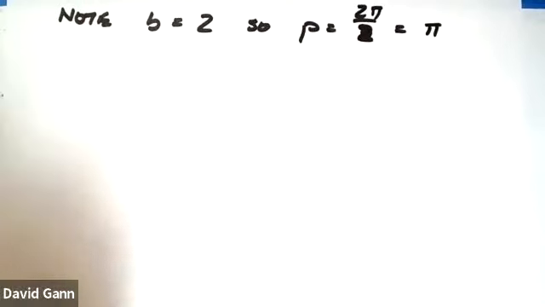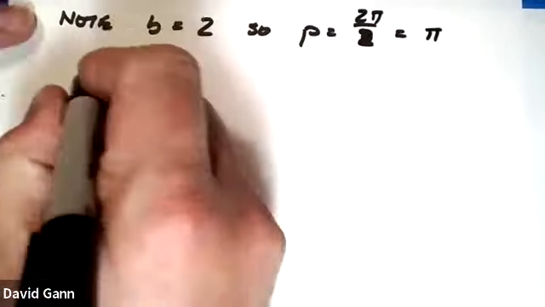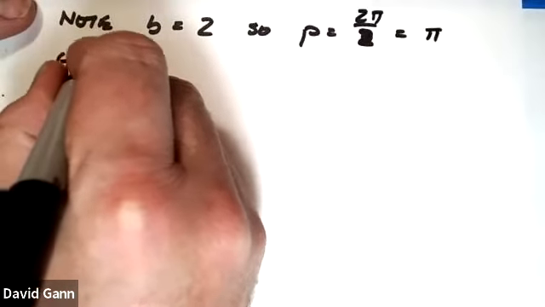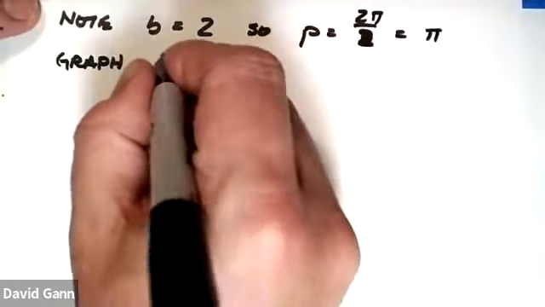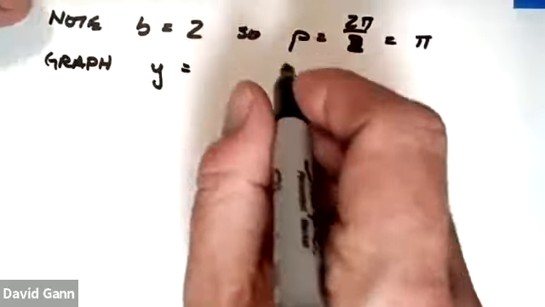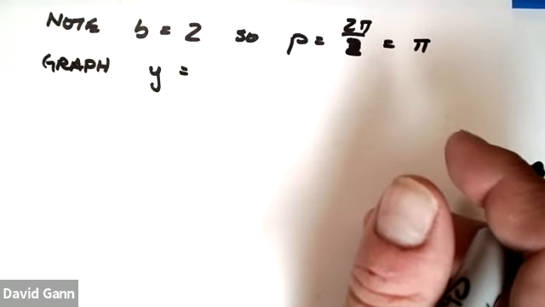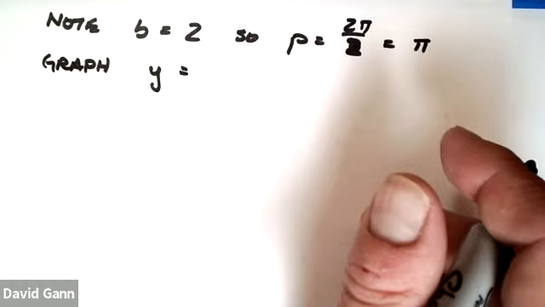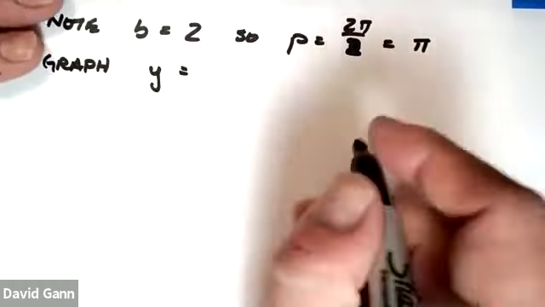So let's try another graph. So let's say graph the function y equal to, we don't do many with negative signs in the a value. So maybe let's try one.